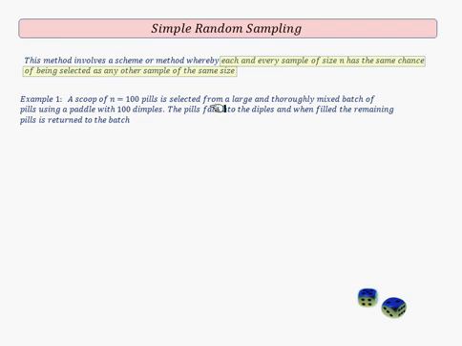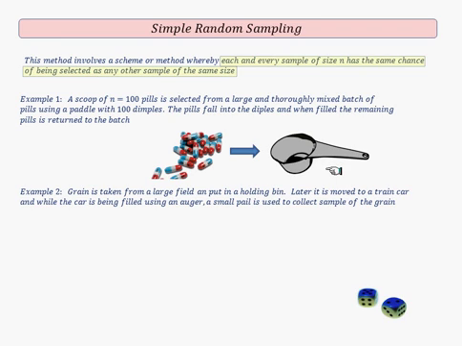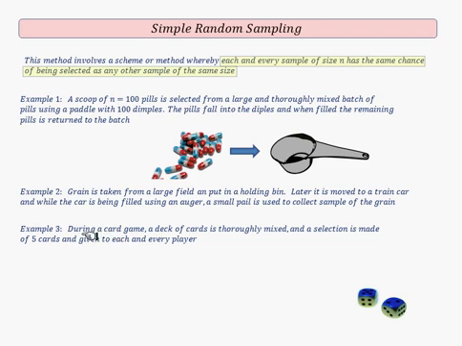The proviso here is that the batch is thoroughly mixed. Here's an example: put in a scoop and take our sample. Other examples are grain from a large bin, or a deck of cards, where any 5-card set is equally likely as any other 5-card set.